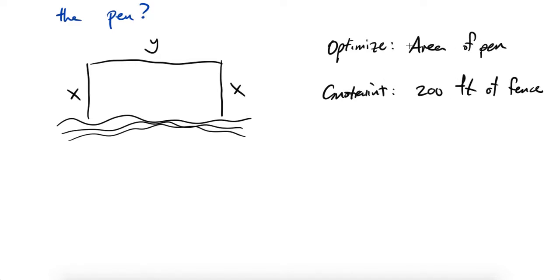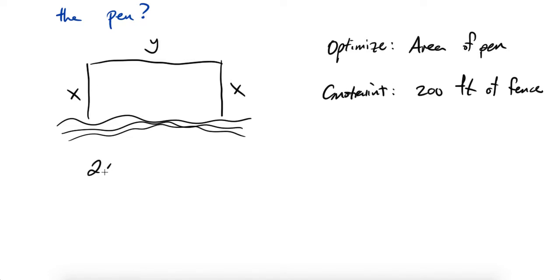So what you're going to try and do is turn both of these into equations. Specifically, you might ask yourself, how is this 200 feet of fence going to come into play? You might pause and ask yourself that question, so go ahead and pause. Okay, if you're back, the constraint is that the 200 feet of fence represents the perimeter of this 3-sided pen.